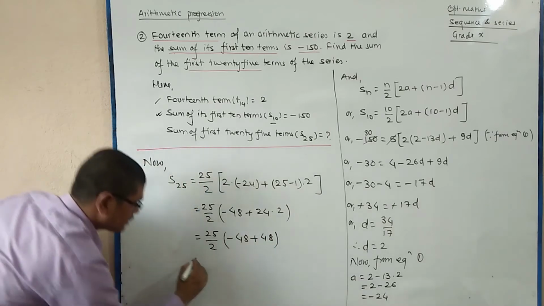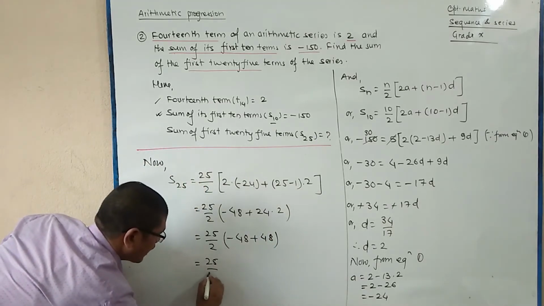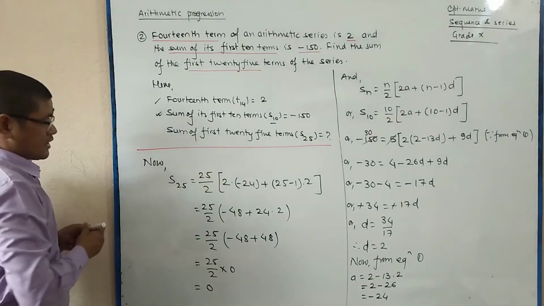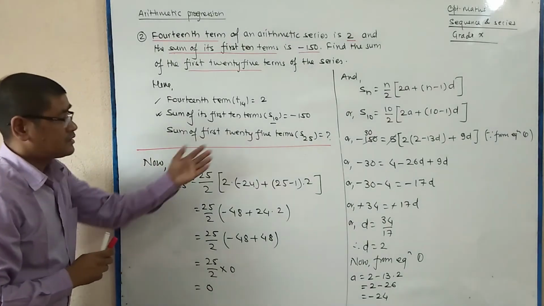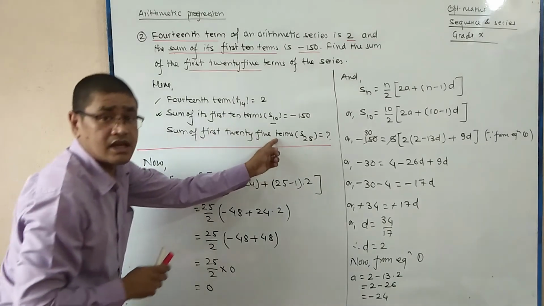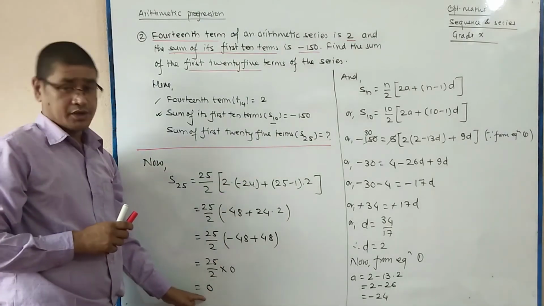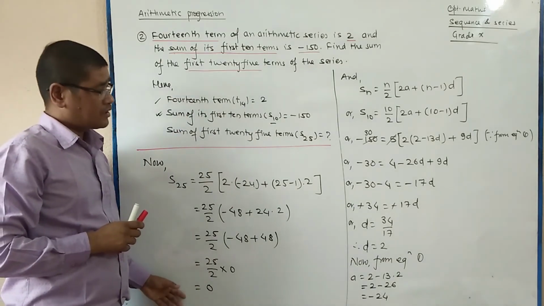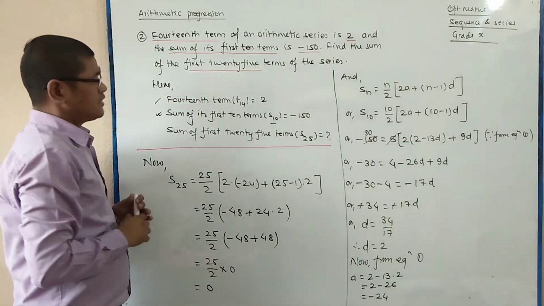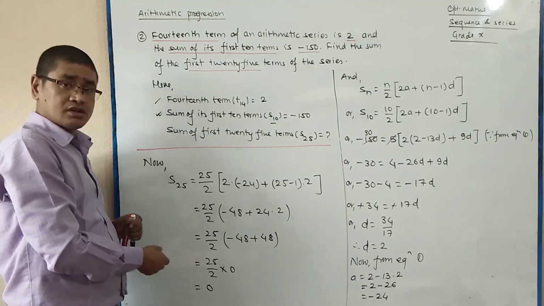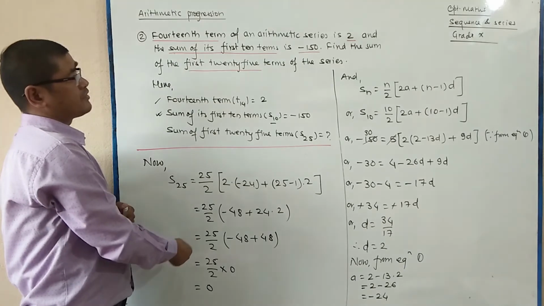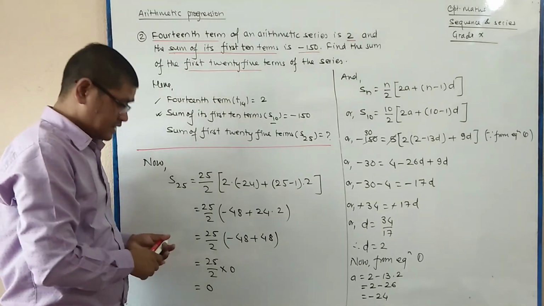We have got 0. 25 by 2 times 0 means 0. If we go on adding the first 25 terms, then our sum will be 0. So we must give a conclusion. Hence, the required solution: the required sum of the first 25 terms is 0.